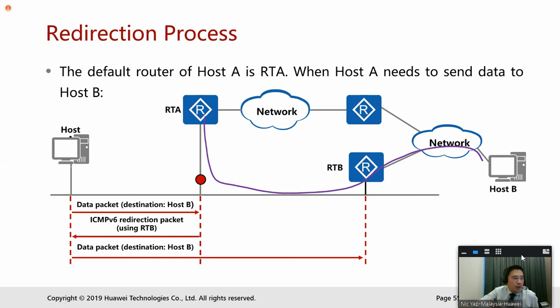When host A wants to go to host B, my gateway is router A. So I should go all the way to router A, come into this interface, and go out from this interface.